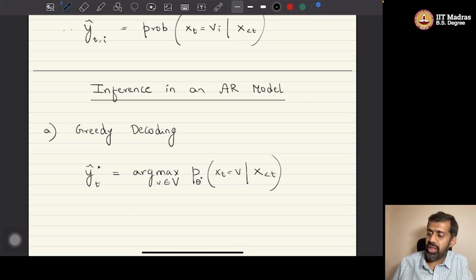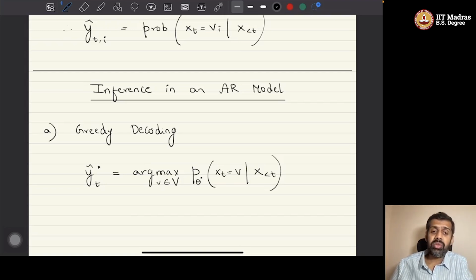Now the advantage of greedy decoding is it's very fast, because you don't have to do anything extra other than just computing this argmax over a vector of length v, which can be done very fast, and this is deterministic. So every time you fix the input, you get the exact same output at every time step using greedy decoding, which can be both an advantage and a disadvantage depending upon the application.